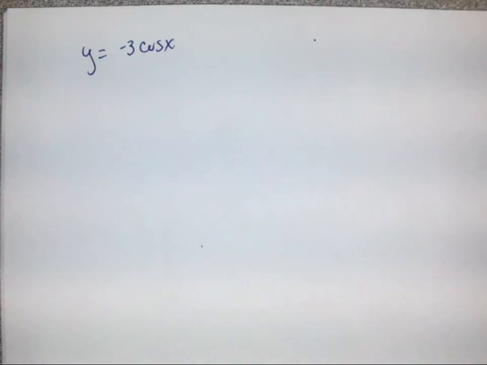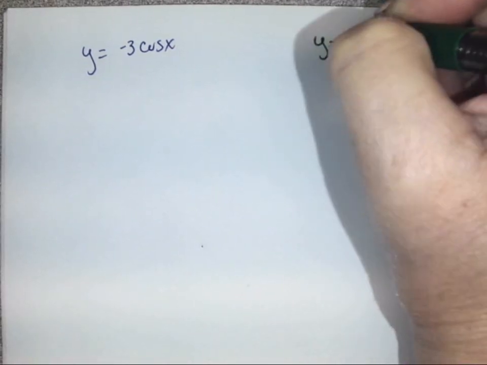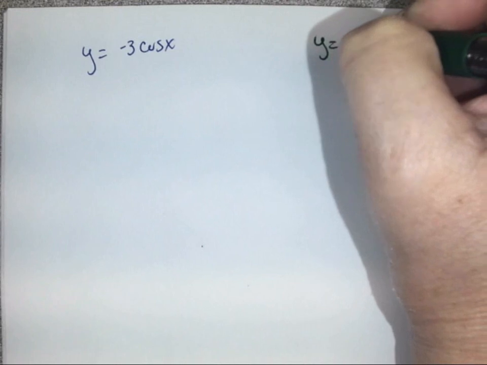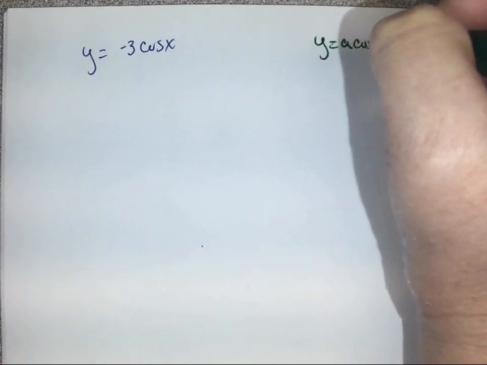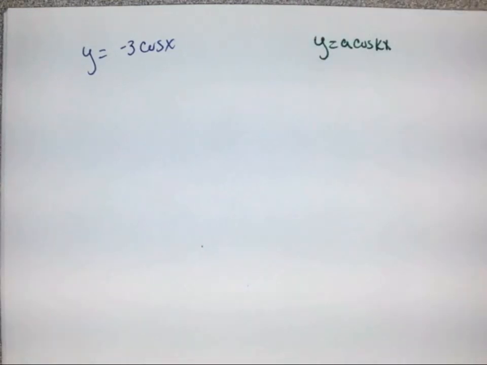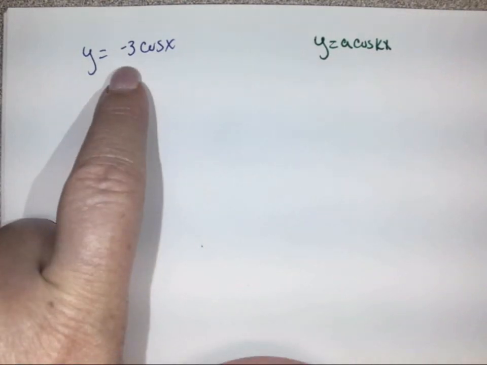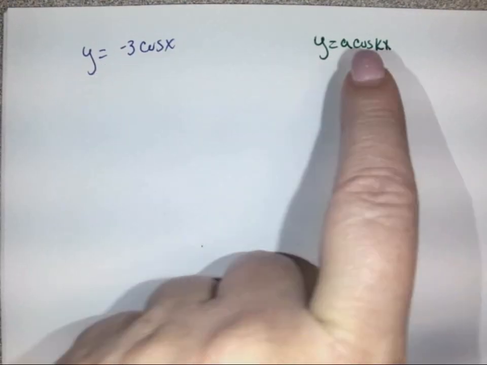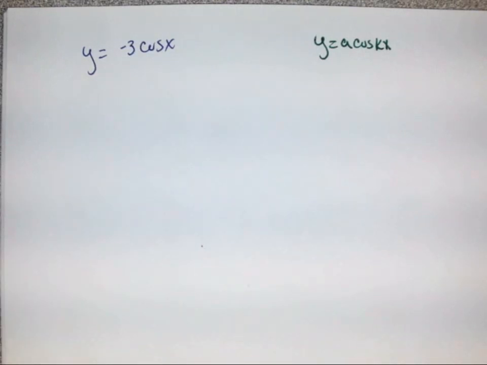So y is equal to a times the cosine of k times x. So that negative 3, that a is our amplitude, and negative 3 is going to be the absolute value.